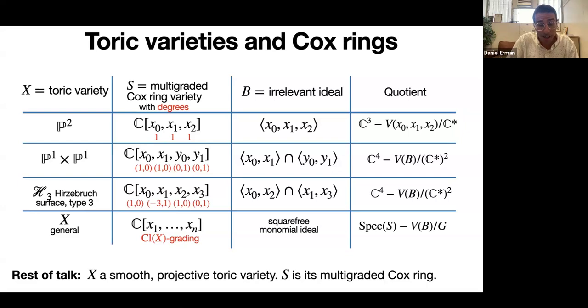Let me say throughout the talk, I'm going to primarily be focusing on the case where X is a smooth projective toric variety and S is its multigraded Cox ring. And if you're unfamiliar with toric varieties, that's okay. I mean, there's a definition I could give and you could learn it, but I think the way to think of it that'll be helpful for the talk is it's a family of algebraic varieties that includes simple examples like projective space and products of projective spaces and these sorts of bundles, P1 bundle over another P1, like the Hirzebruch surface.